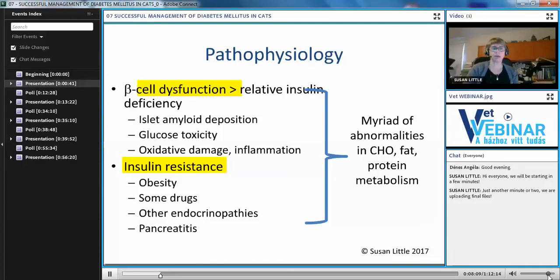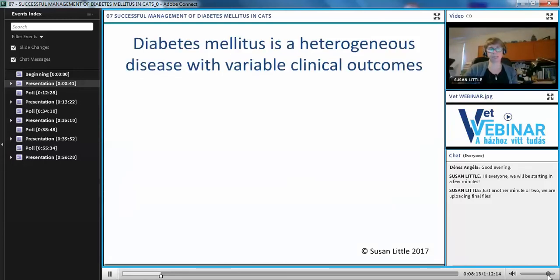So it's a complicated disease. And in fact, it's probably a heterogeneous disease because, as we've just alluded to, patients can become diabetic through a number of mechanisms, and so the disease doesn't always look the same in every patient. And you've seen that yourself.